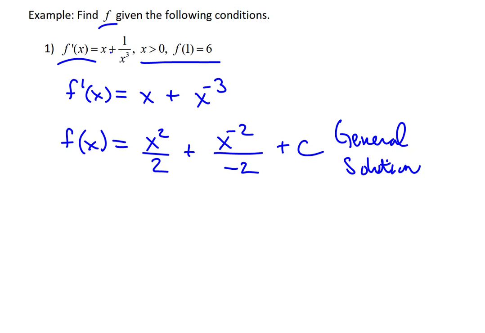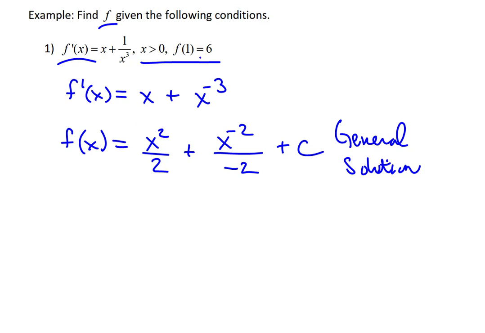So the f prime is not defined there. Even f is not defined at 0 for the same kind of reason in the second term. So we're just sticking to where it's defined, where x is positive. But then secondly, we say that f of 1 is 6. Now notice that's just a plain f, which is exactly what we've been finding.